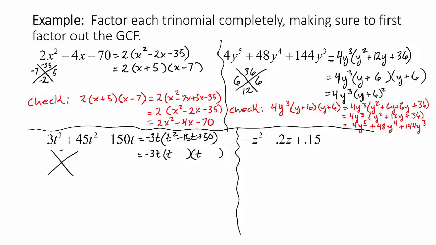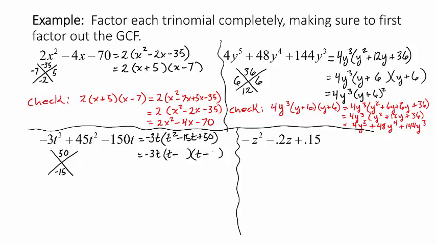We've got to get two numbers that multiply to give us 50 and add to give negative 15. Because our sum is negative but our product is positive, both of these numbers have to be negative. Negative times a negative is a positive, but when we add two negatives, we get another negative.